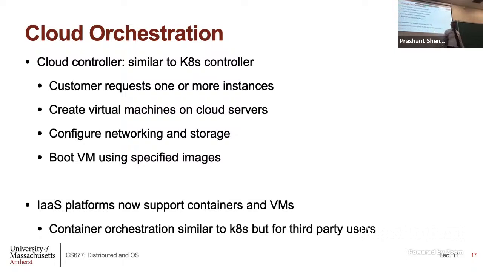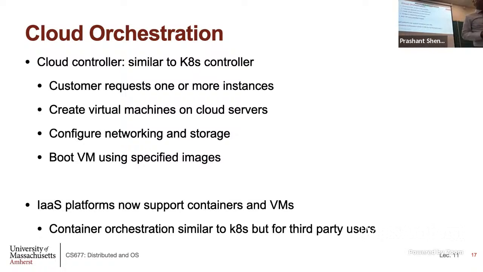All of this is done by this cloud controller. And so this is essentially an important part of your cloud platform. Users are not actually going to see this. They are simply going to make requests. The cloud controller is going to process the request, come back with the answer, and then you just get your VM.